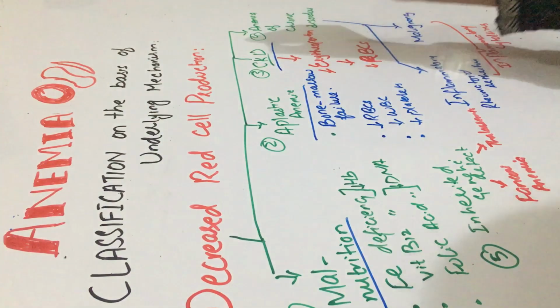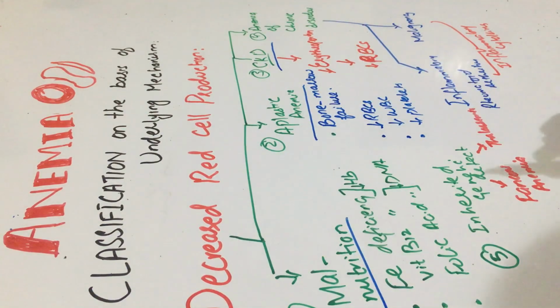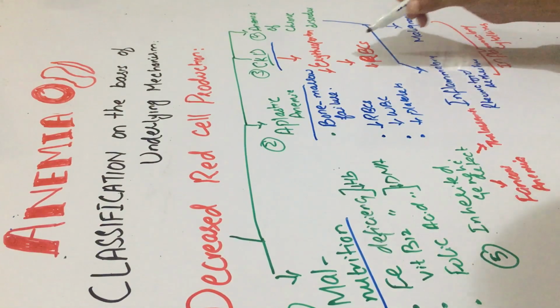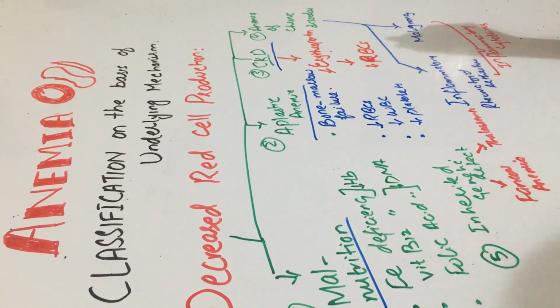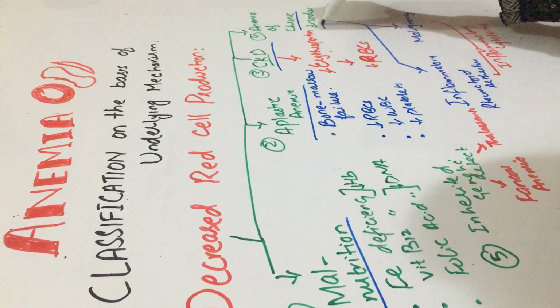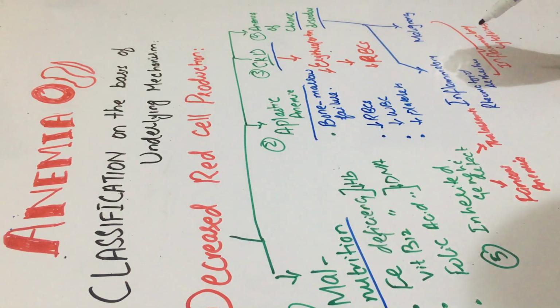And third, we discussed CKD, chronic kidney disease, where the hormone which stimulates the synthesis of RBCs, erythropoietin, is not being normally produced, so there would be reduced RBCs. The fourth is the anemia of chronic disorders, where there could be an inflammatory disorder like rheumatoid arthritis, a chronic condition, or malignancy, also a chronic condition.